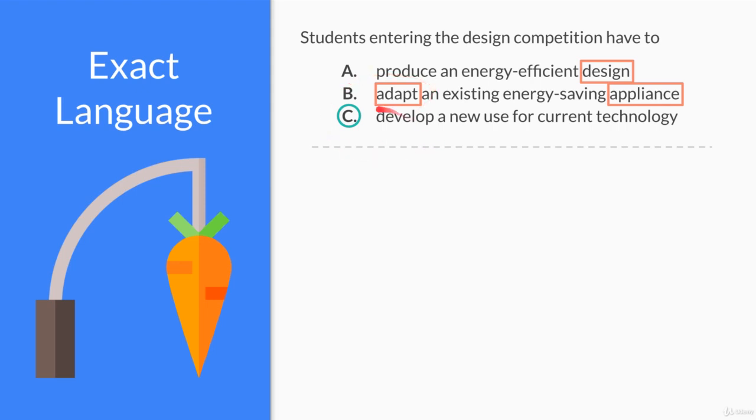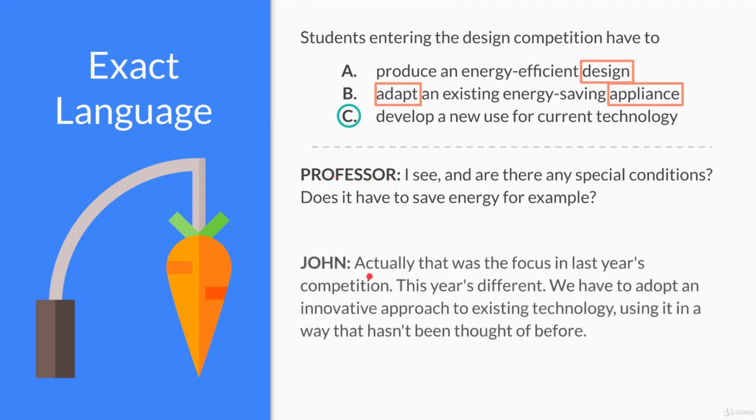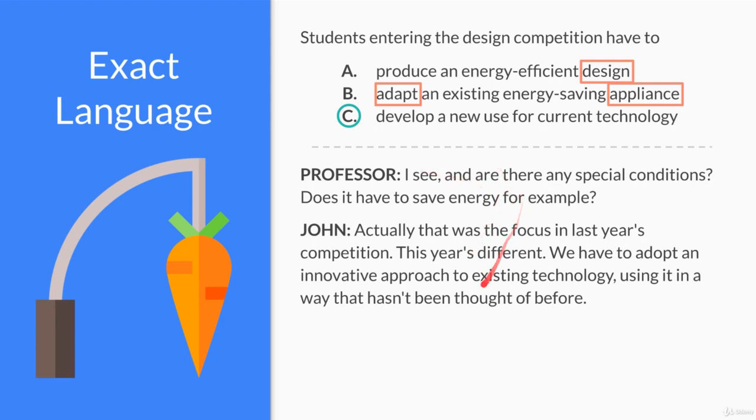Now, in this same question, the transcript continues to go on for quite some time, and the conversation continues between the professor and John. And even after we have found the right answer, which is the letter C, they still continue to use exact language in order to try to trick you.